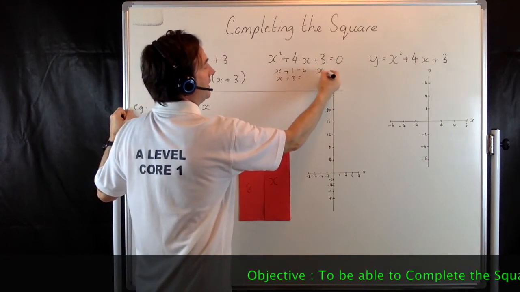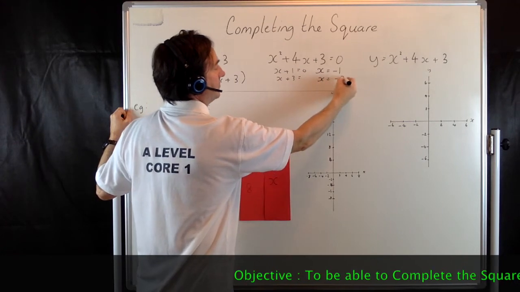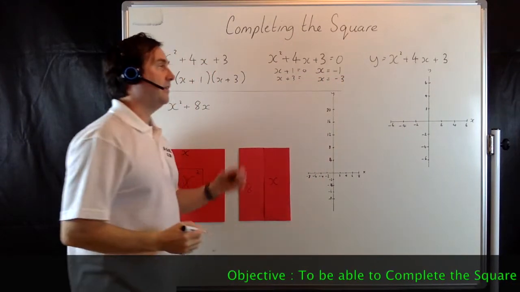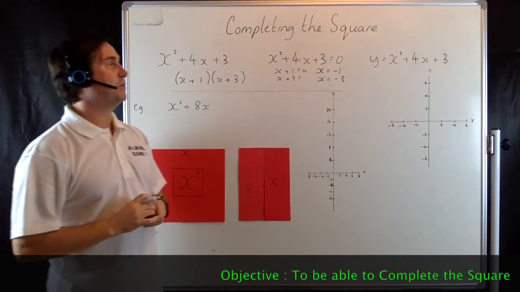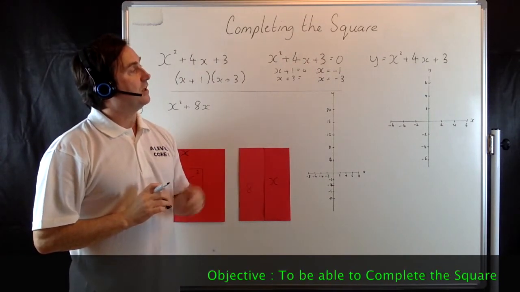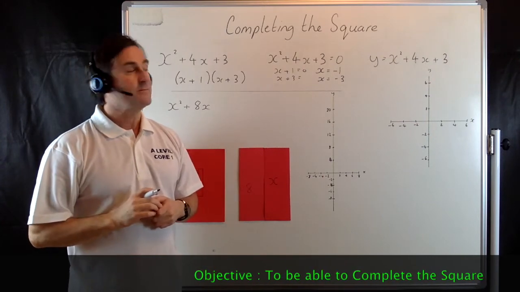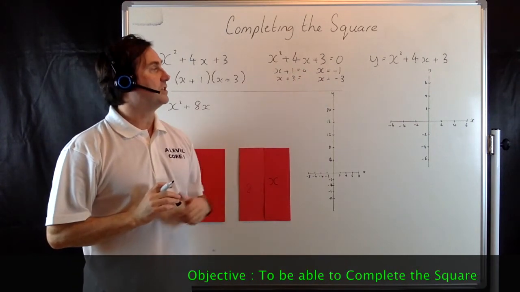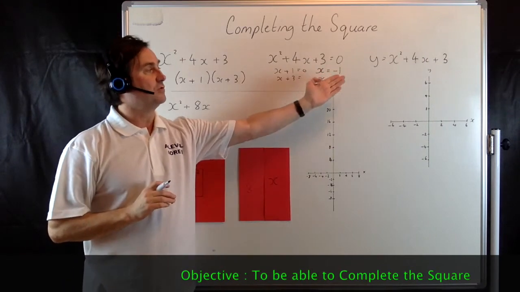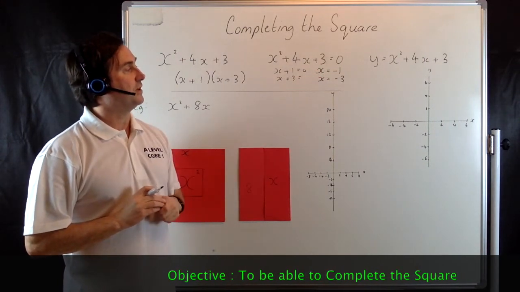So my values for x are going to be -1 and -3. Now that's going to help us if I want to sketch a graph. I've got the equation here, y equals x squared plus 4x plus 3. I've set y equal to 0 so I can find the roots of this equation. So I know that the roots of this are -1 and -3.